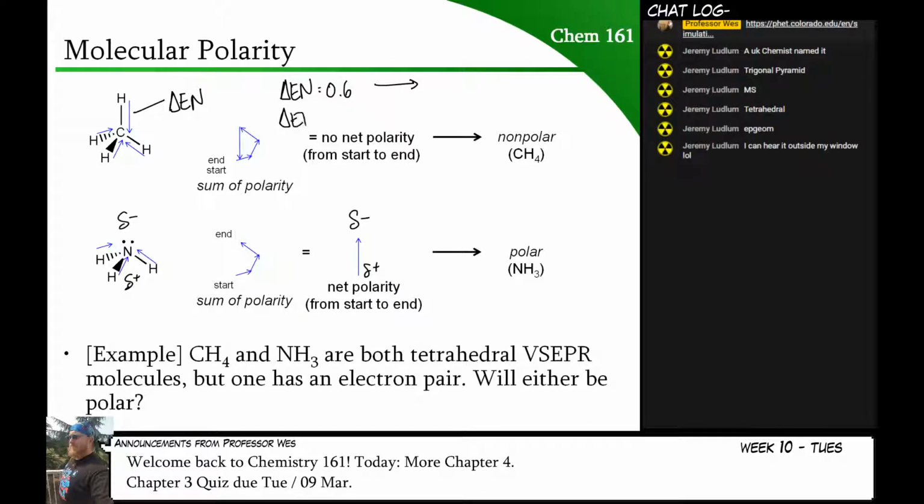But if delta En was 1.6, I would draw a much bigger arrow. I have sort of abstracted that with the assumption that, oh, all of the bonds are the same, so I'm going to draw all the same arrows. And then they're in 3D on a 2D paper, so it looks a little funky.